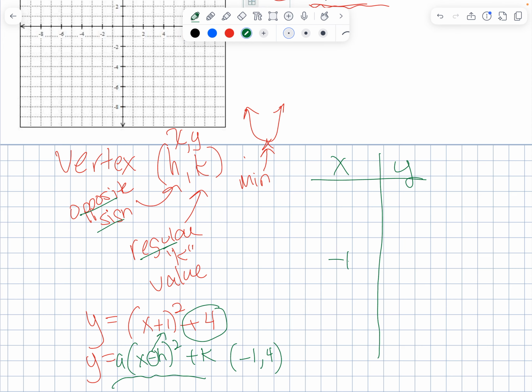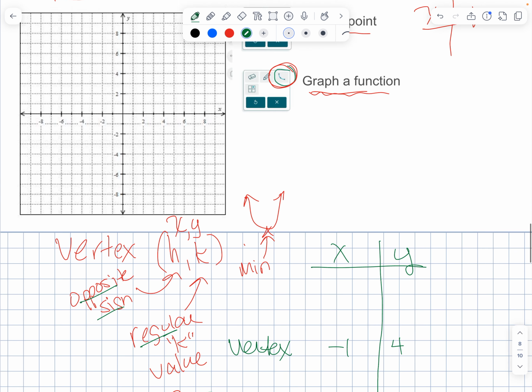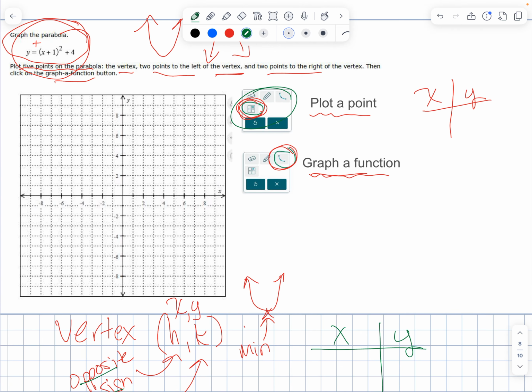We have a negative 1 for x and a 4 for y. This is a special place. It's the vertex. And what we could do is go grab plot a point, and you'll type in negative 1, 4, and it will actually come over, and it will plot that for you right there. Okay, if you use that plot a point feature.